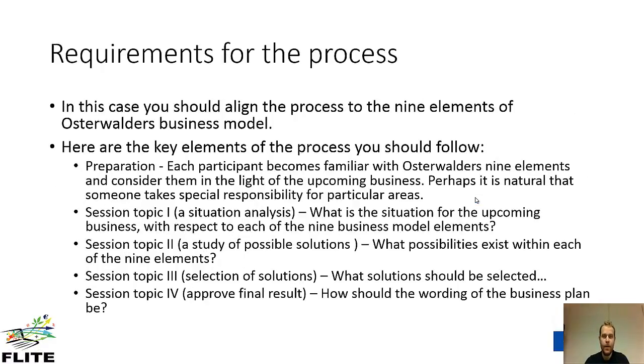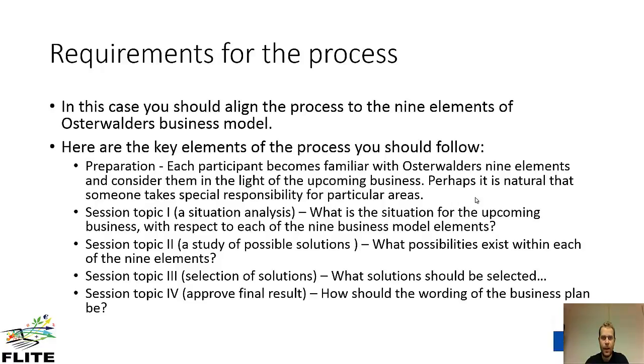Other things when it comes to requirements for the process, like I said, in this case you should align the process to the 9 elements of the Osterwalder business model, and we have made a list here. It says that here are the key elements of the process you should follow. Preparation: each participant becomes familiar with Osterwalder's 9 elements and considers them in the light of the upcoming business.